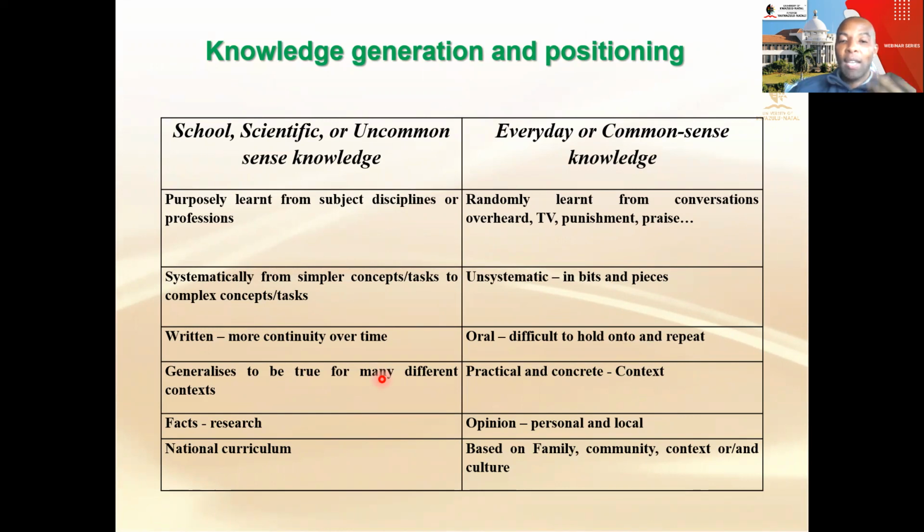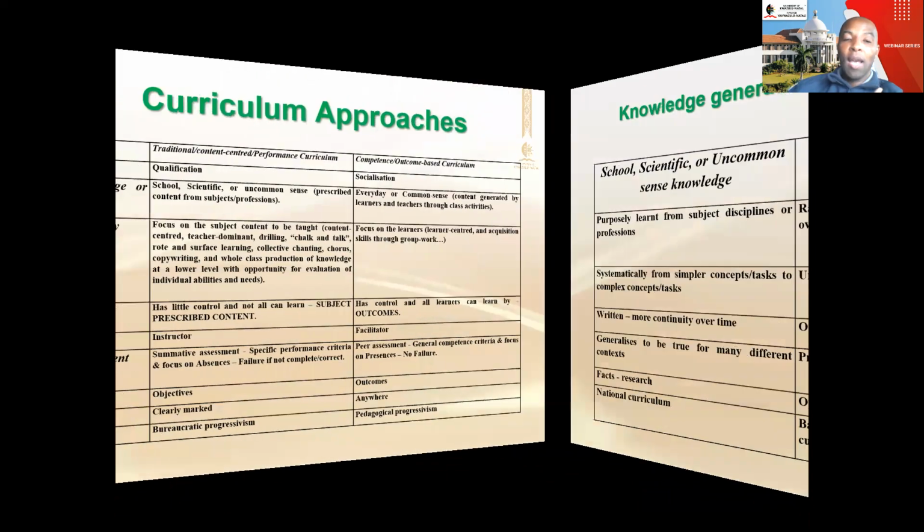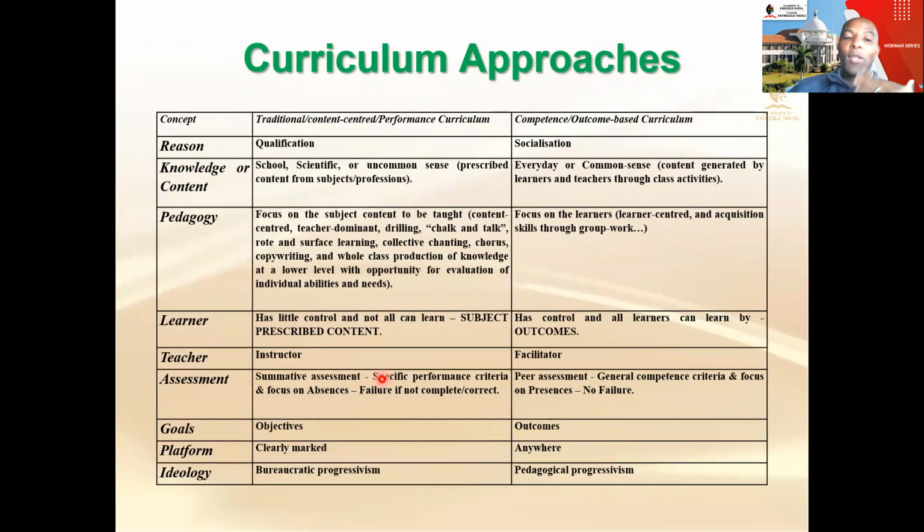How do you generate everyday knowledge? How do you generate school knowledge? And then when you go back there, you have these categories to say what is the reason for this content-centered approach versus that of a competence-based curriculum.